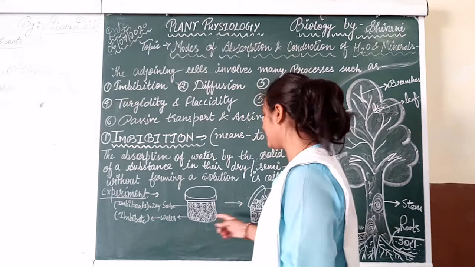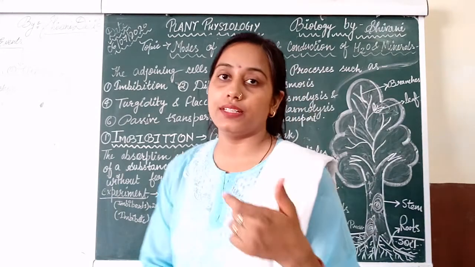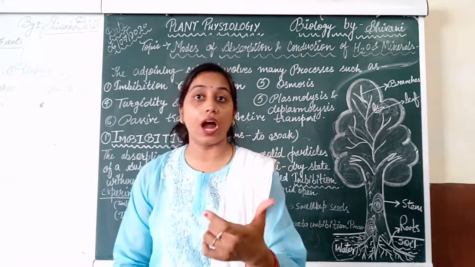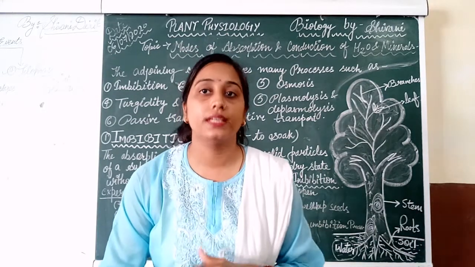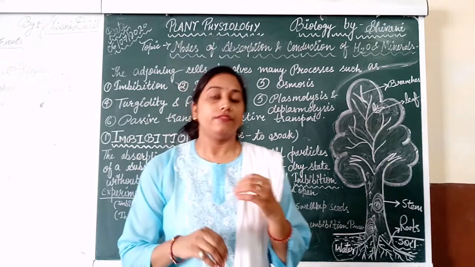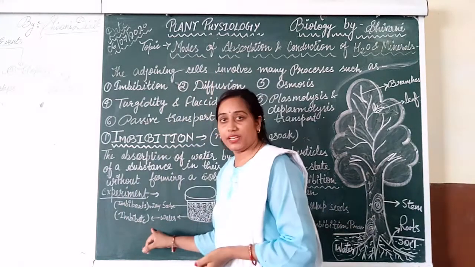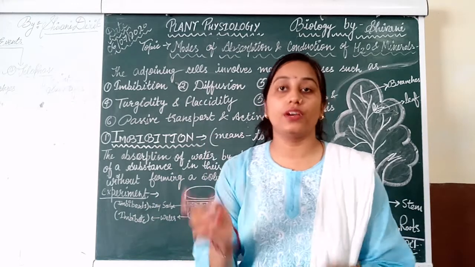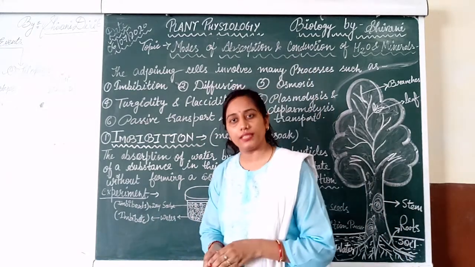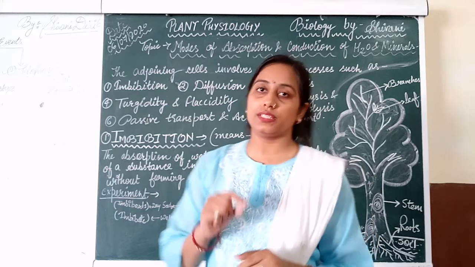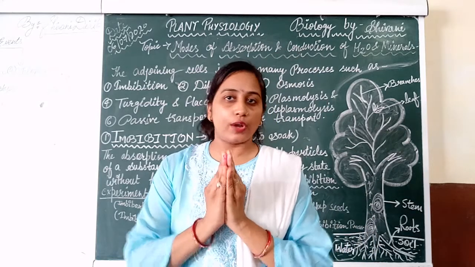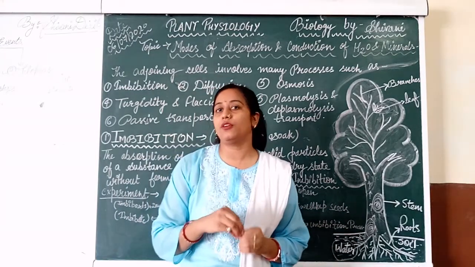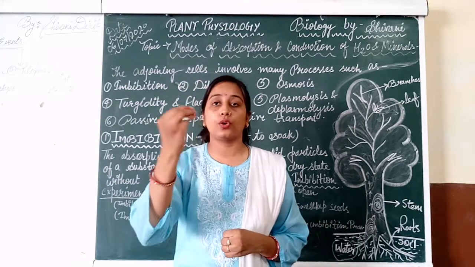The second point is, as we know, the seeds of various plants have a very tough and hard coat, known as the seed coat. So we require imbibition to make that seed coat soft for the germination of the seeds. Without the process of imbibition, the seed coat will not break, and if the seed coat does not break, the seed will not come out or grow.